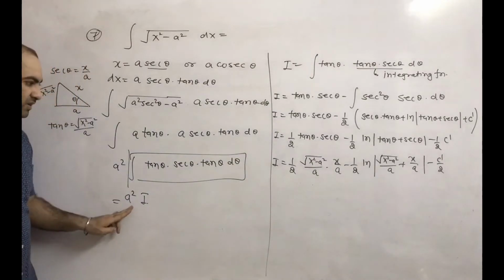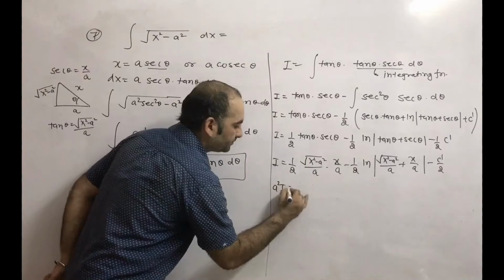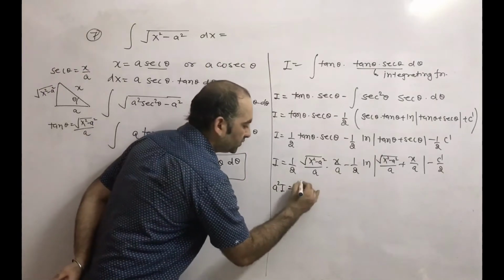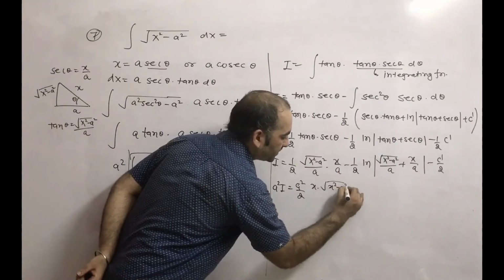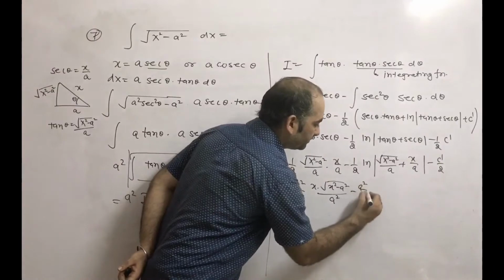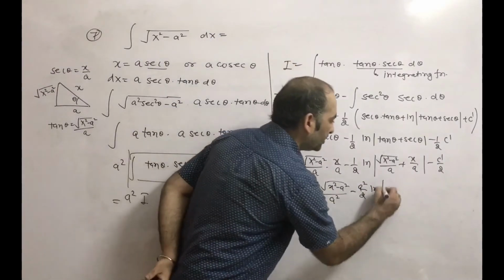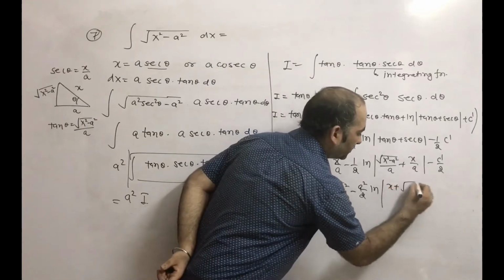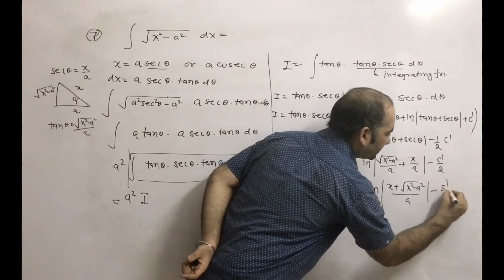We want a square I, so we are multiplying by a square. So a square I equals a square by 2 x into root over x square minus a square divided by a square, minus a square by 2 ln, taking LCM as a, modulus of x plus root over x square minus a square divided by a, minus c dash divided by 2.